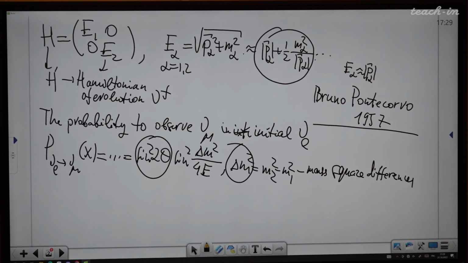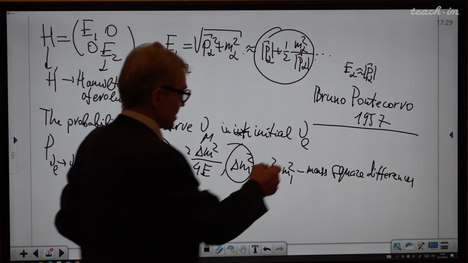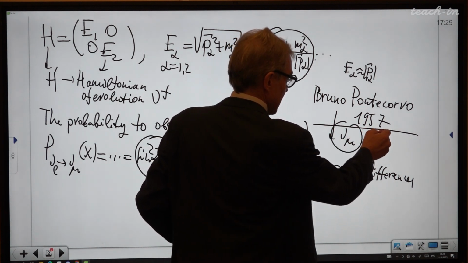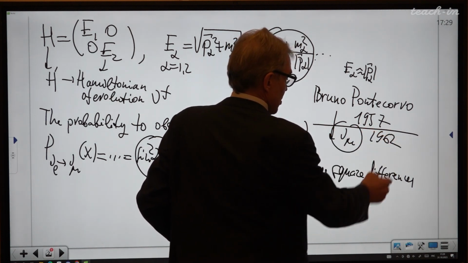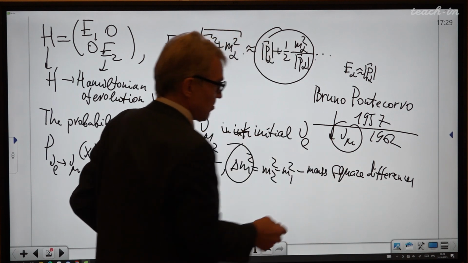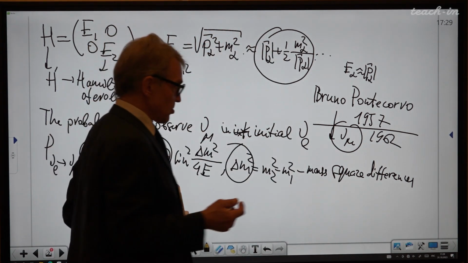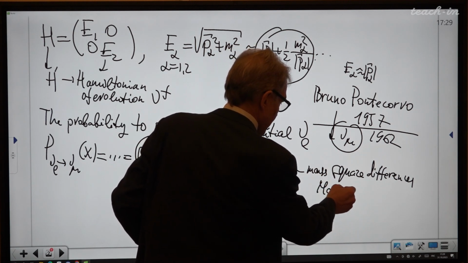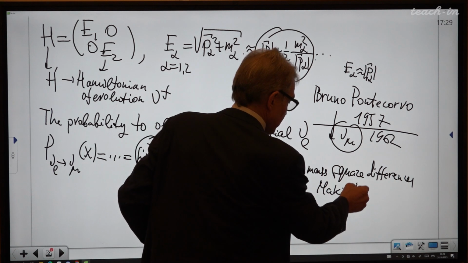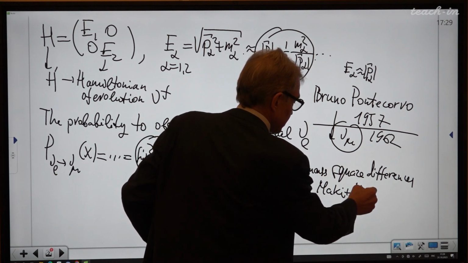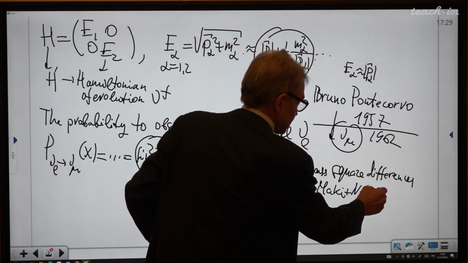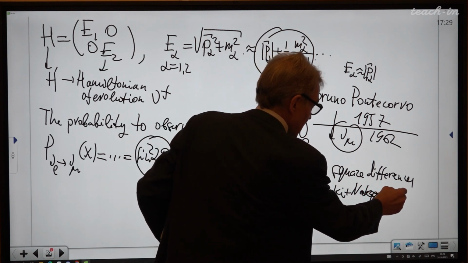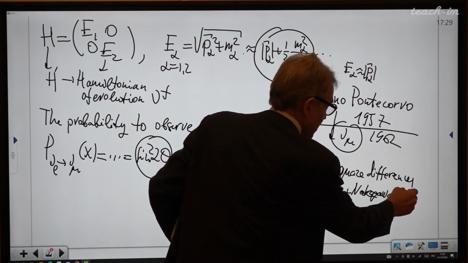Then, after the discovery of the second type of neutrino in 1962, this idea was used by the Japanese group of Maki, Nakagawa, and Sakata.